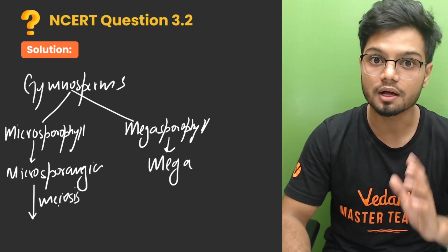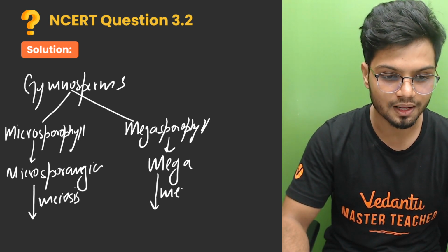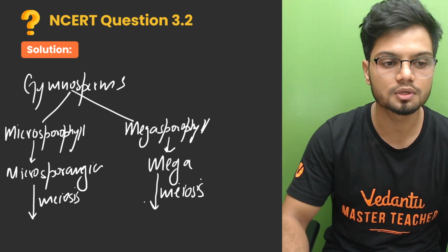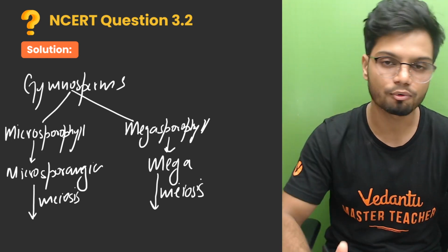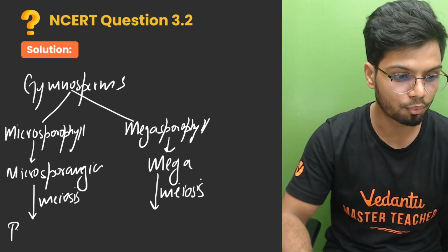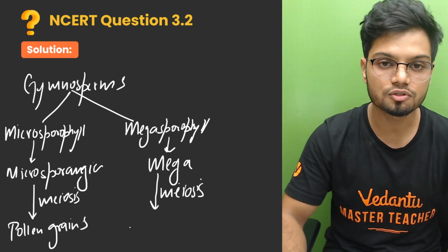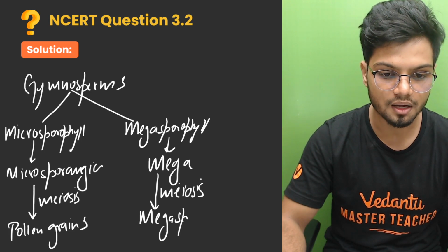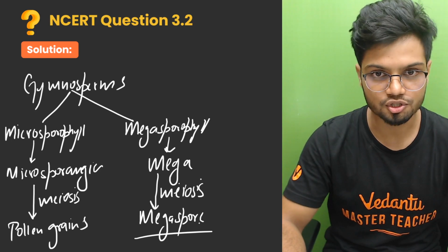So you know where now. Where does meiosis take place? Inside the micro as well as the megasporangia. In gymnosperms, meiosis takes place in the micro and megasporangia to give rise to pollen grains from the microsporangia and megaspores from the megasporangia.